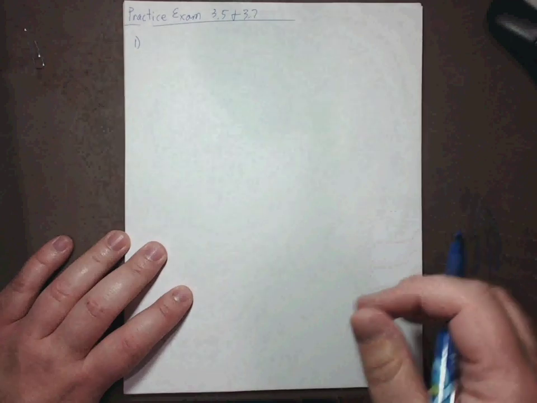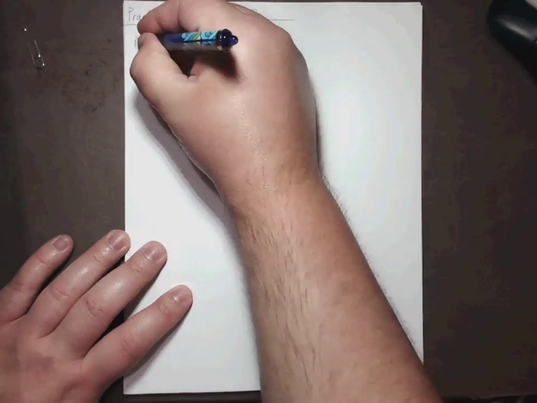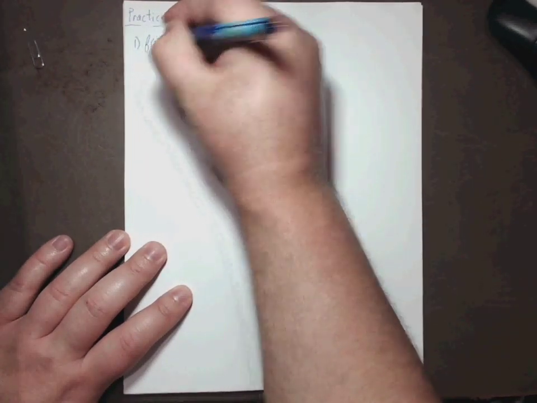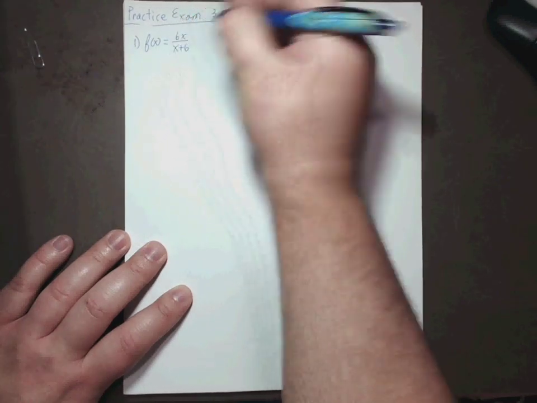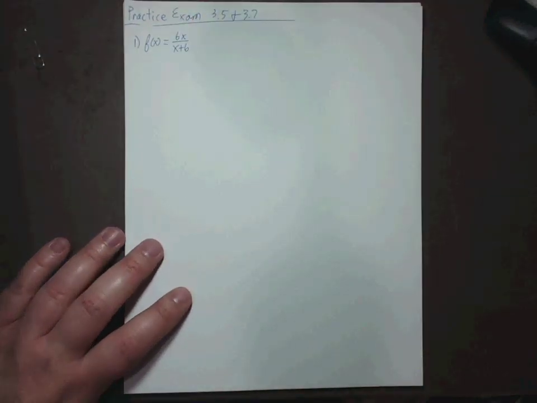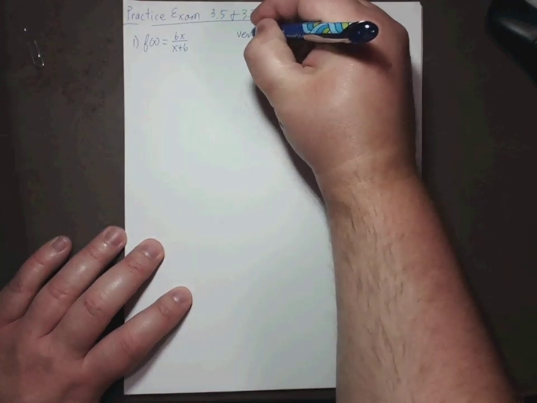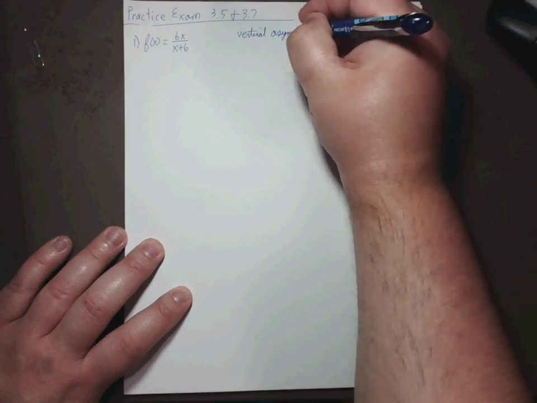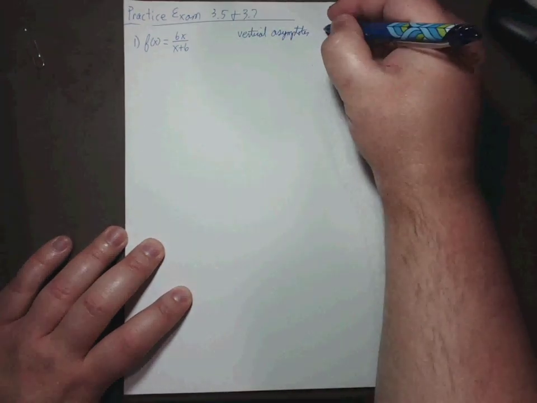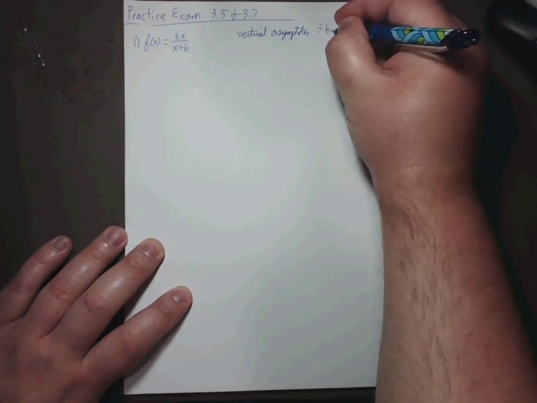Here it says find the domain of the rational function. The first function is f of x equals 6x over x plus 6. Now, you need to remember, vertical asymptotes are located when you have division by 0.